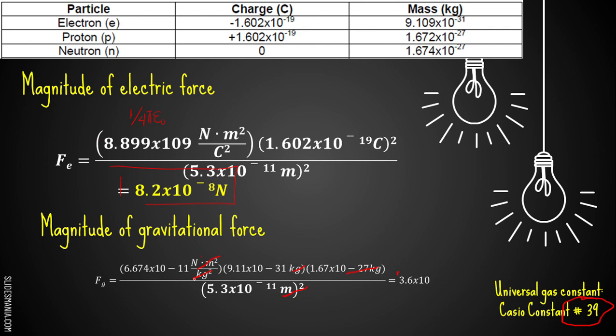So, let's verify 6.674. So, 6.674 or constant 39 times constant 1 over 5.3 negative 11 squared.